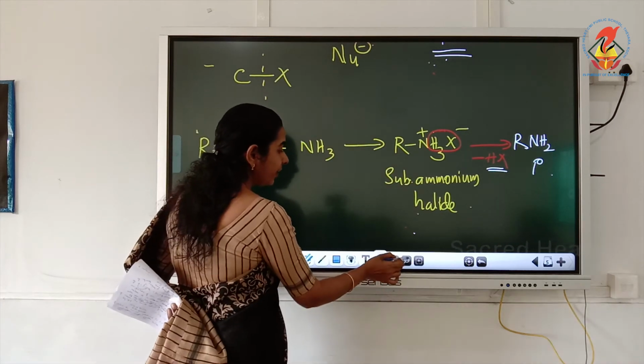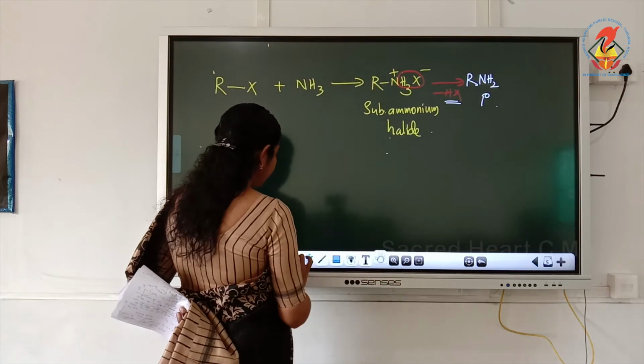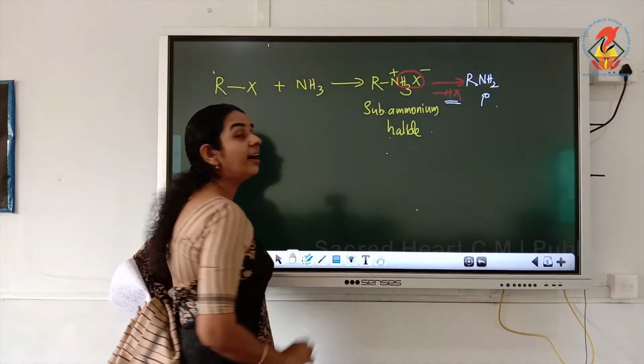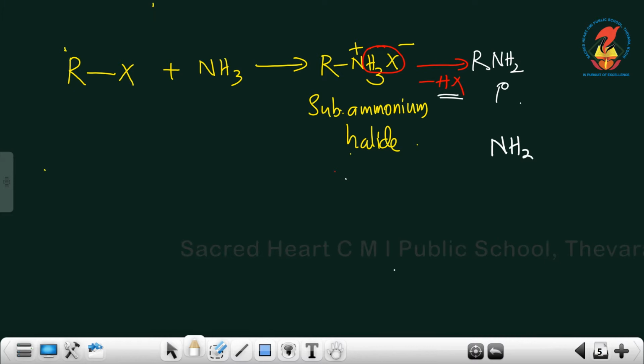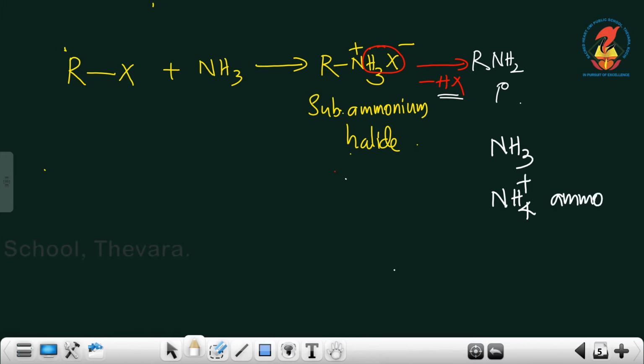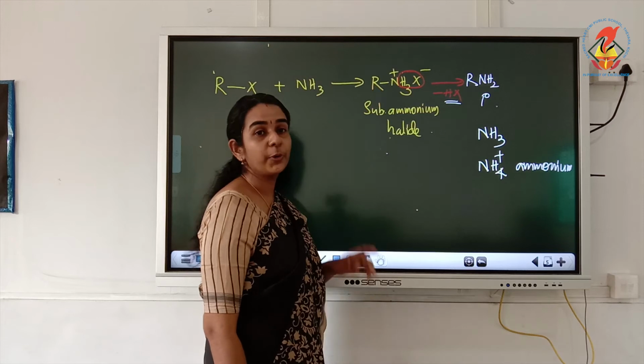Now why is this addition product known as substituted ammonium halide? Just compare the formulas. Ammonia is NH3. When we add one more H+ to NH3, it becomes NH4+, which is known as ammonium. Now compare the structure of ammonium with this product.